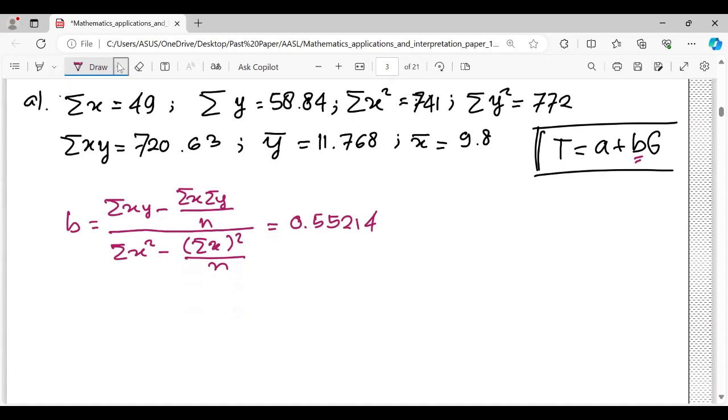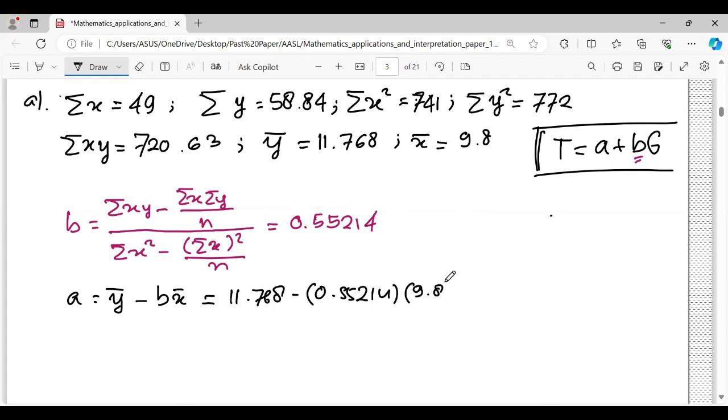Next, A. A equals average Y minus B times average X. If you substitute this number and then this number into here, as well as 0.55214, you will find 11.768 minus 0.55214 times 9.8.